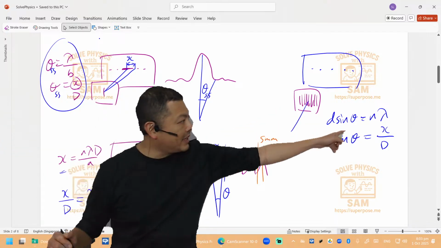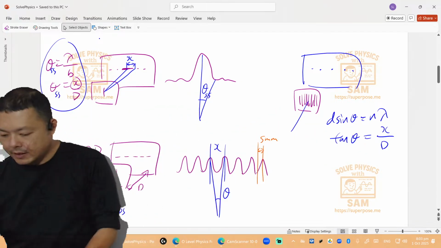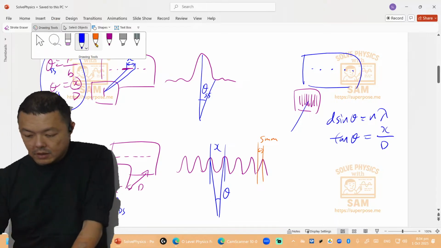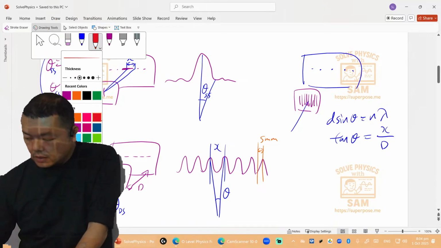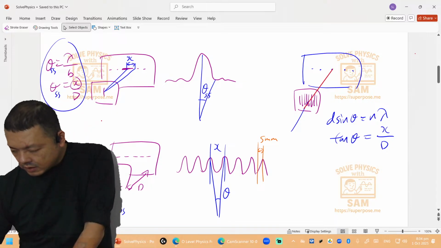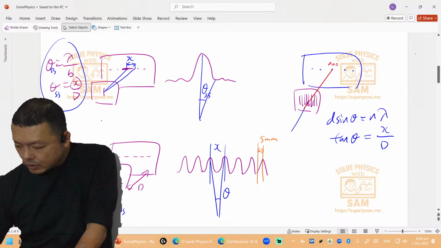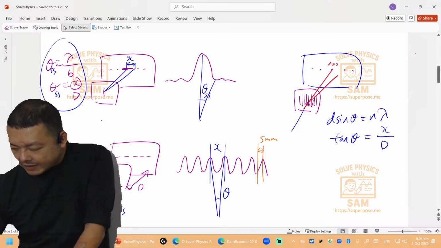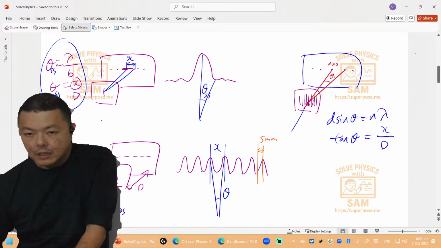But for diffraction grating, the theta and the x are from where to where? Central max, which is n equals 0. If you are looking at the first maxima, then that's theta 1.